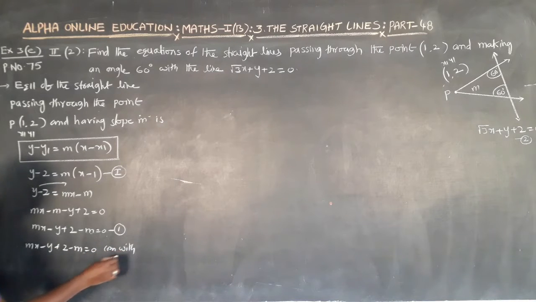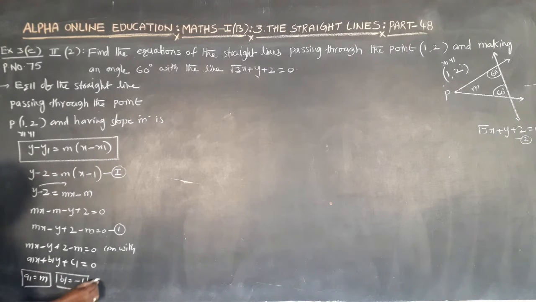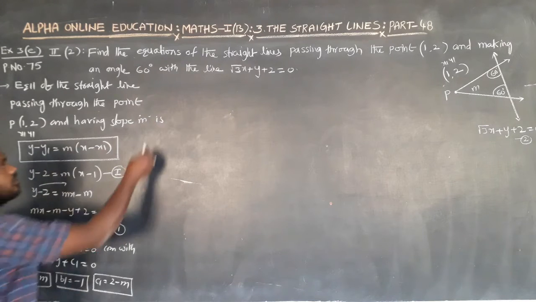So mx minus y plus 2 minus m is equal to 0. Comparing with the first line a1x + b1y + c1 = 0, a1 is equal to m, b1 is equal to minus 1, c1 is equal to 2 minus m. Find the values a1, b1, c1.